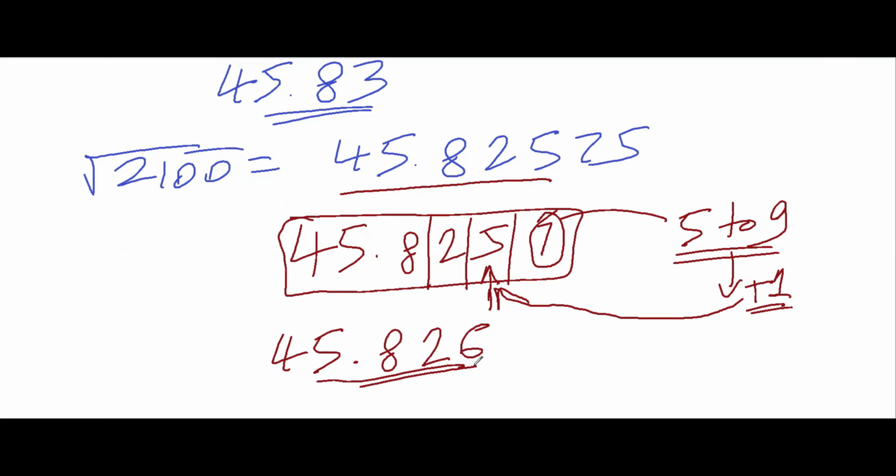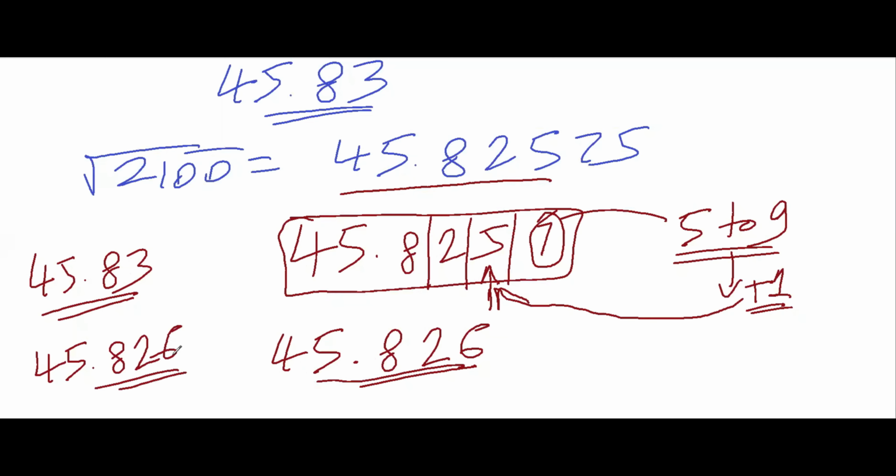So if someone has asked for 2 decimal places, your answer will be 45.83, and if someone has asked for 3 decimal places, your answer will be 45.826. Hope it is understood now. Clear?